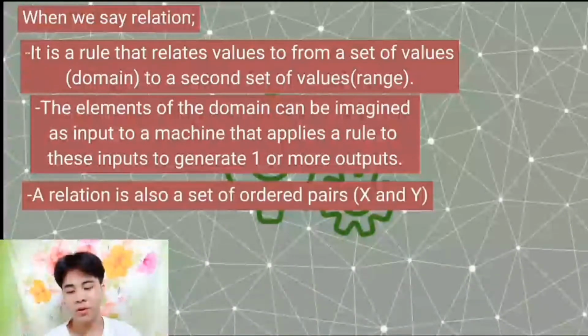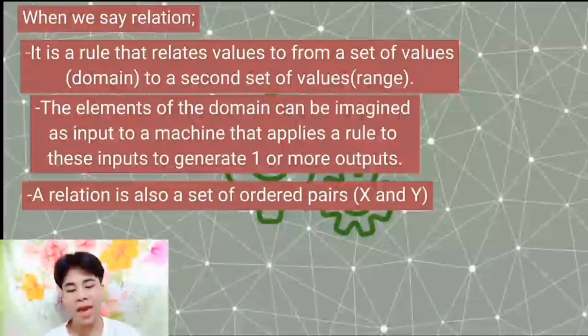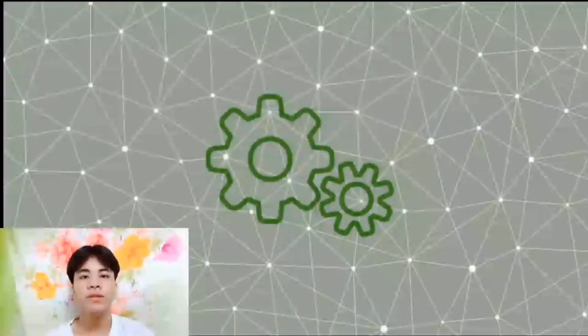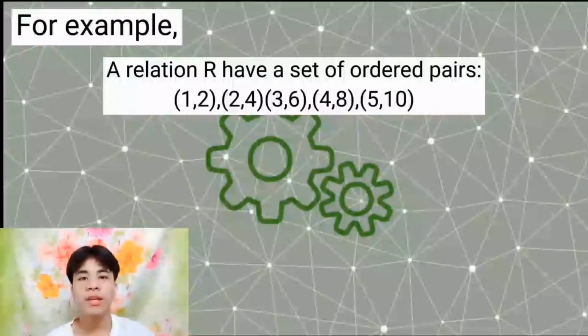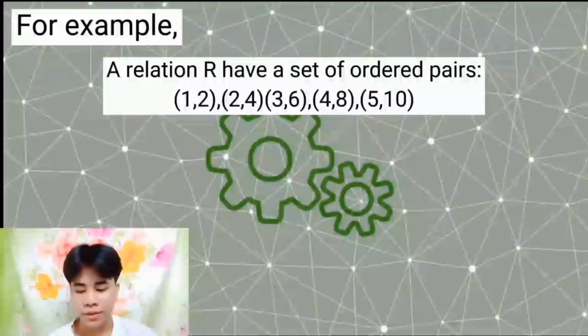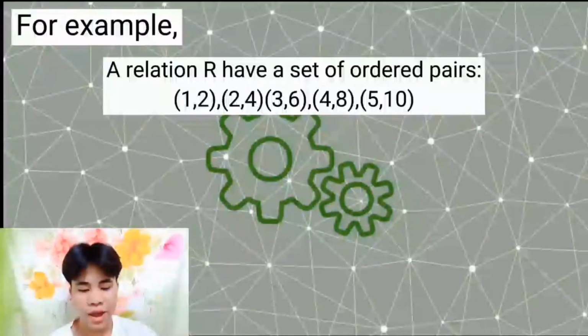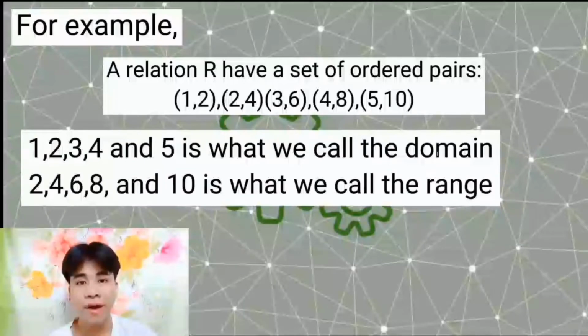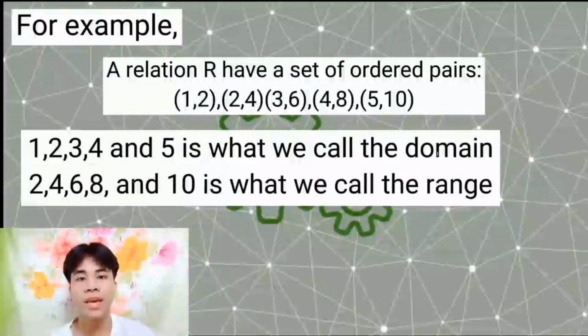A relation is also a set of ordered pairs (x, y). So for example, a relation R have a set of ordered pairs (1, 2), (2, 4), (3, 6), (4, 8), and (5, 10). So, yung 1, 2, 3, 4, and 5 ay tinatawag nating domain, and yung 2, 4, 6, 8, and 10 ay tinatawag naman nating range.